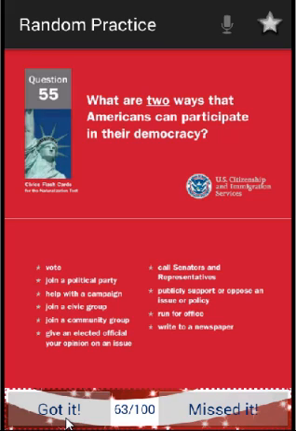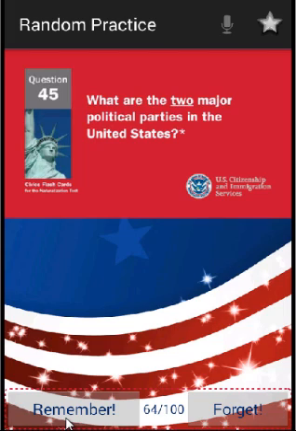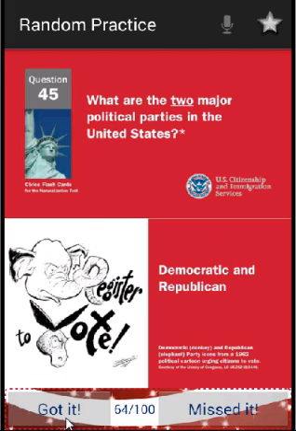Call senators and representatives. Publicly support or oppose an issue or policy. Run for office. Write to a newspaper. What are the 2 major political parties in the United States? Democratic and Republican.